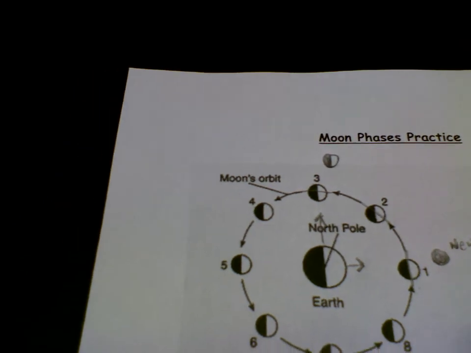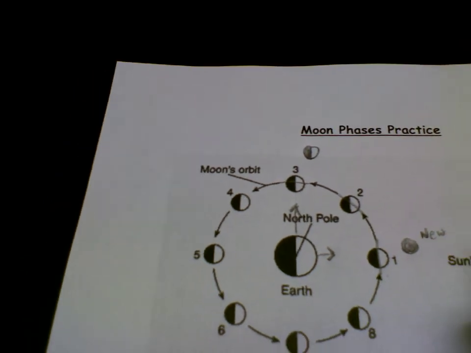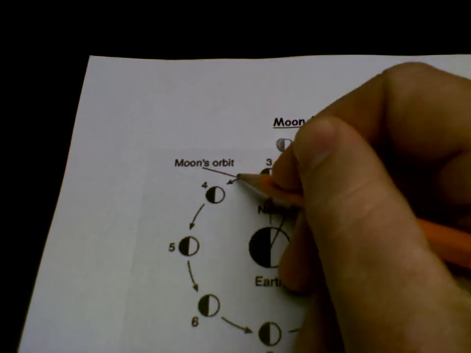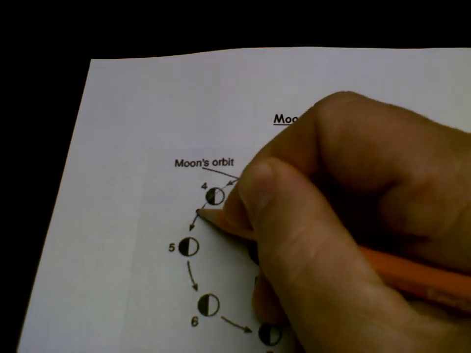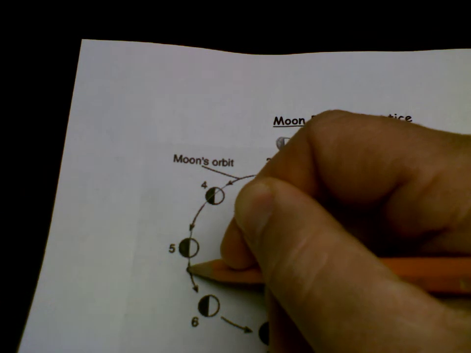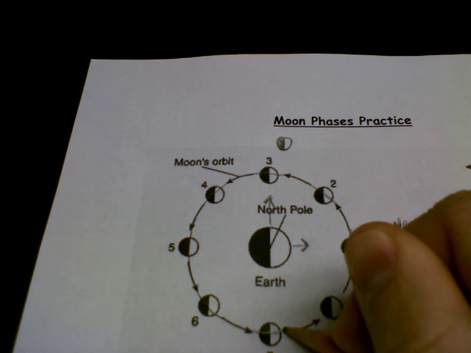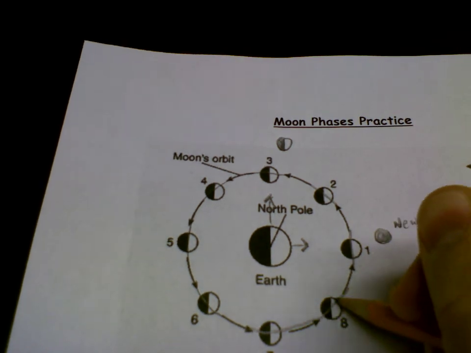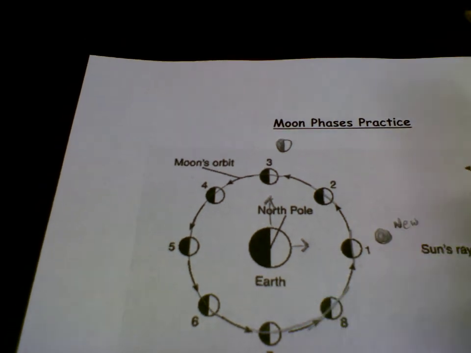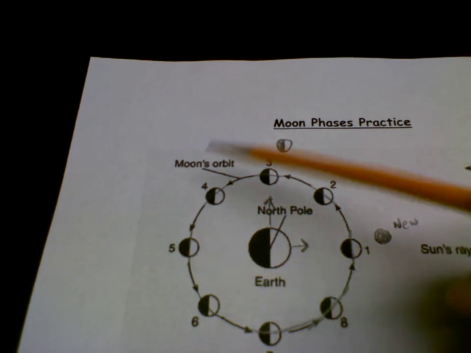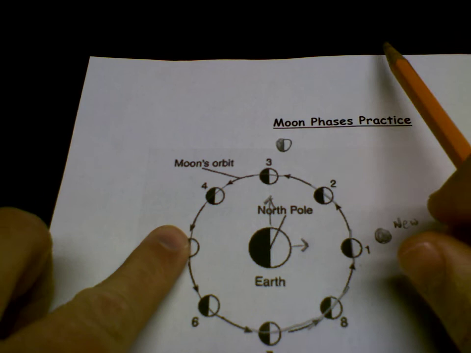Okay, now I said position 5 is a good place to go. Here's the sun, here's the Earth, here's the moon. I'm going to continue my arrows, just slice the moon in half, like that. I'm going to go all the way around, by the way. And there we go. Okay, and I'm going to cover the half of the moon that we don't see, which is on the outer part of this circle, just like that.